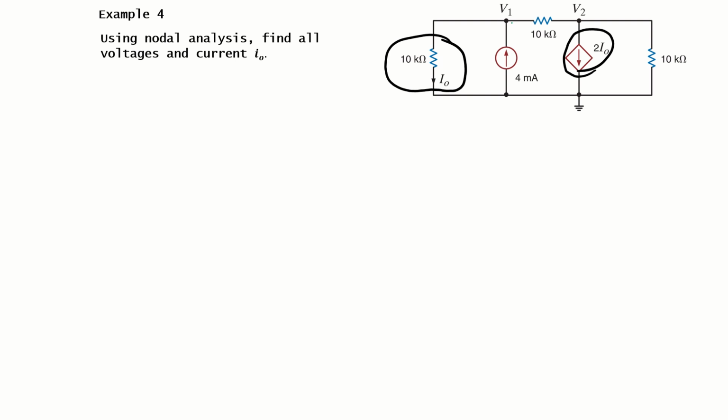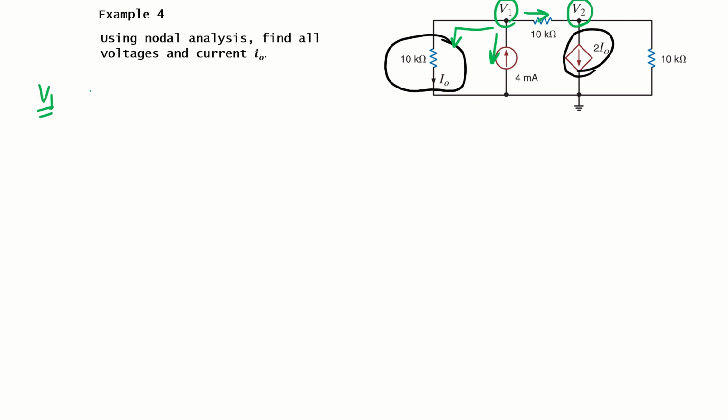The nodes of this circuit have been labeled as V1 and V2. There are two nodes and the third one is the reference node here. So let's write the equation for V1. All currents are leaving. So this current is leaving, this current is leaving, and this current is leaving.